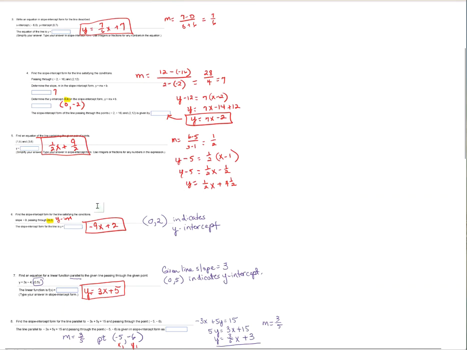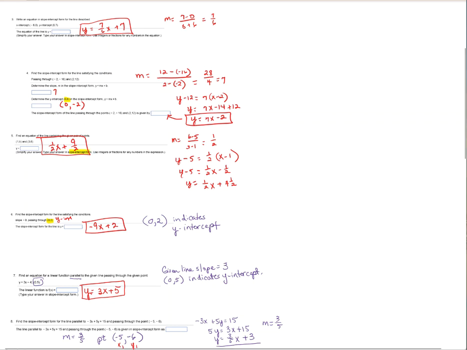Number 5, find an equation of the line given that goes through these points. We find the slope the way we've been doing it. We put it in the point slope form, and we distribute here, and they do want it in slope-intercept form. They show that right here.